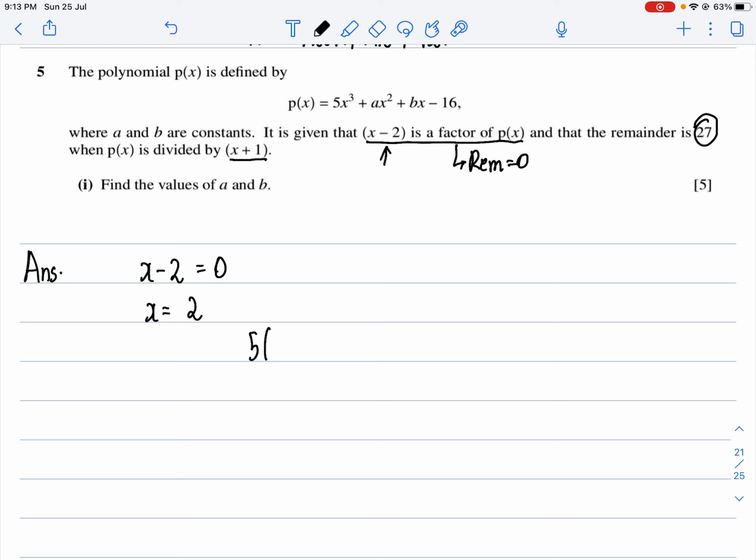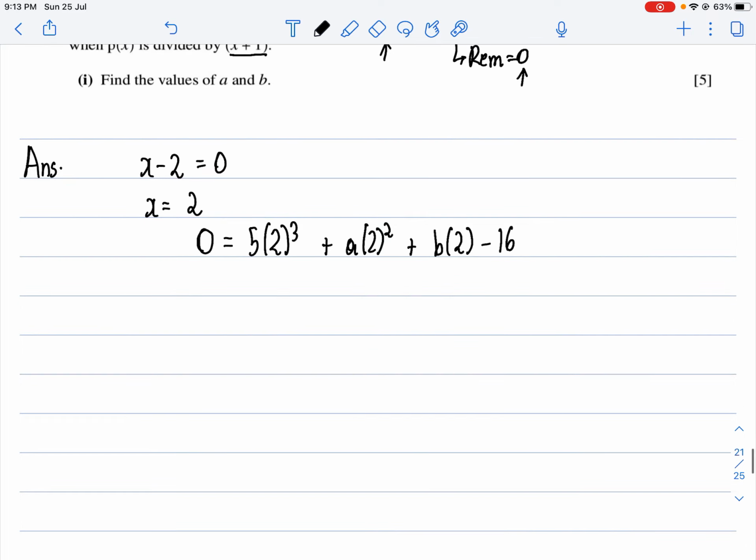So I simply get 5 into 2 cube plus a into 2 square plus b into 2 minus 16. Correct? And I know this will be equal to the remainder when divided. And the remainder in this case is 0 as x minus 2 is a factor. So I can simply just equate this to 0 here.